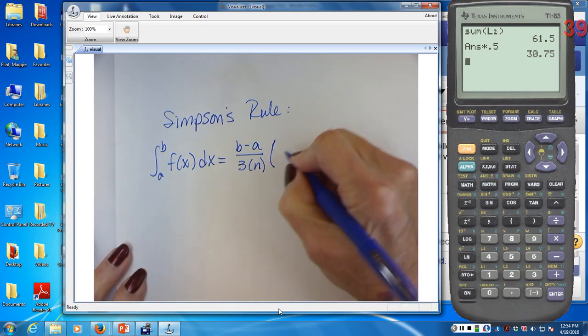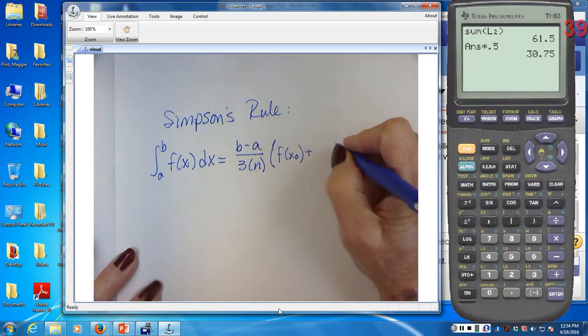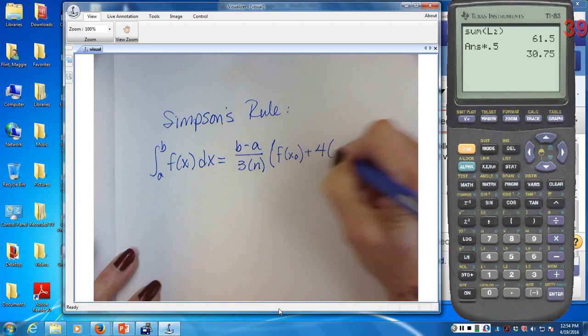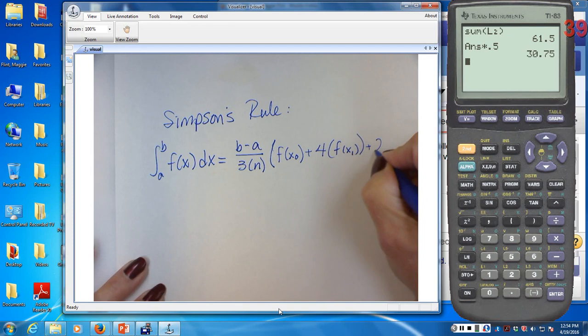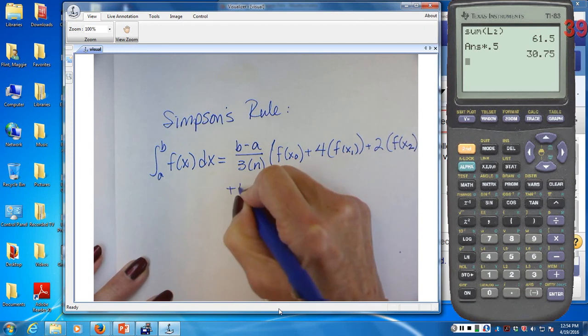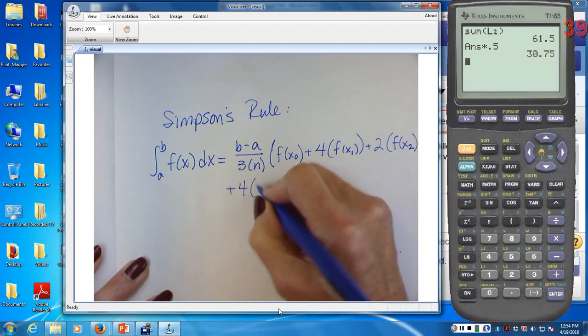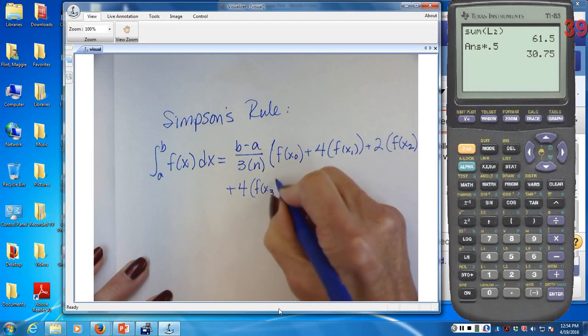times f of x sub 0 plus 4 times f of x sub 1 plus 2 times f of x sub 2 plus 4 times f of x sub 3.